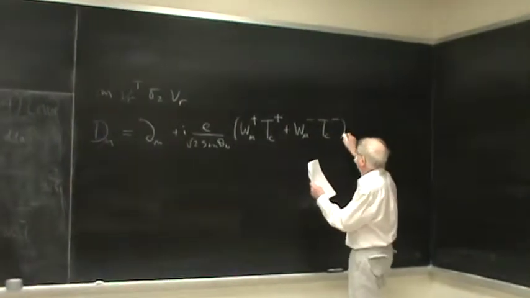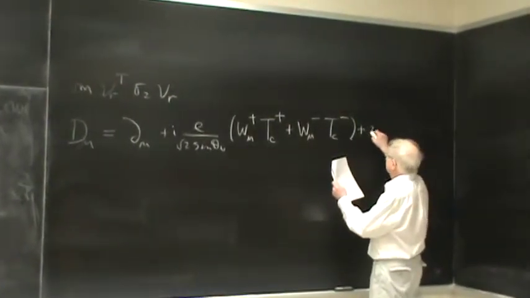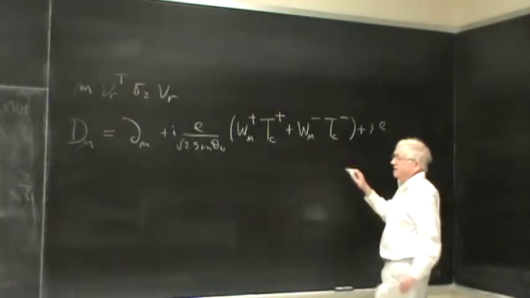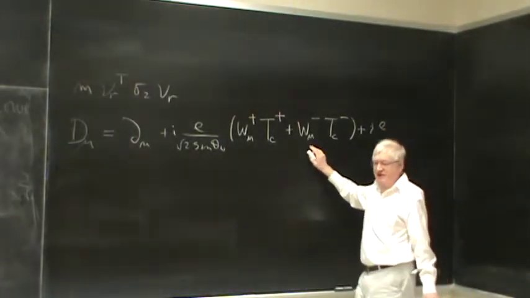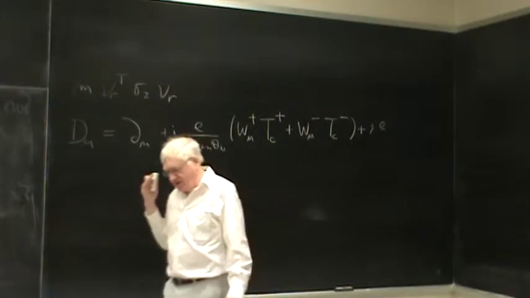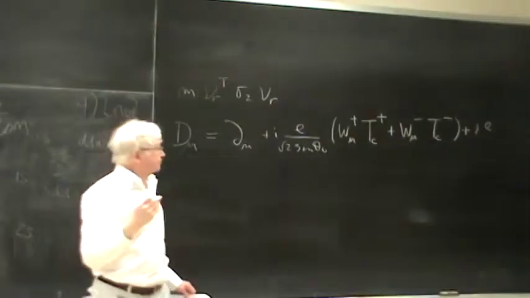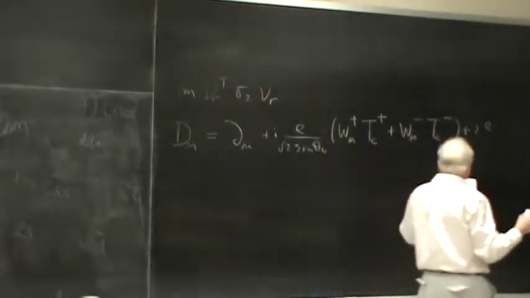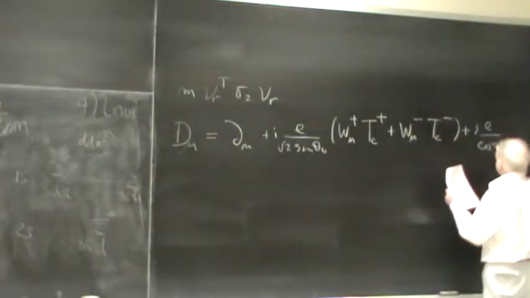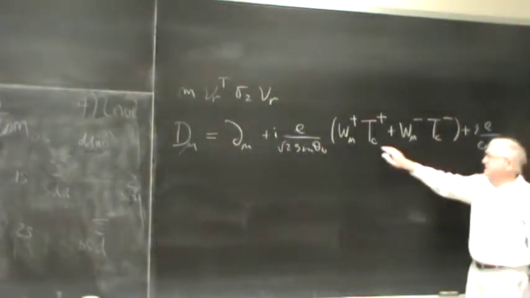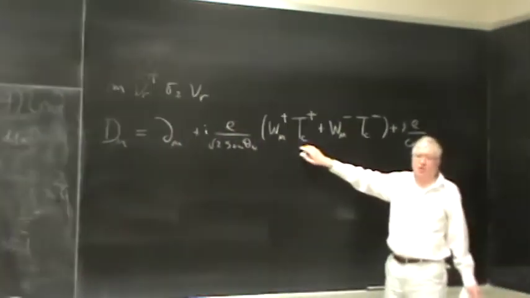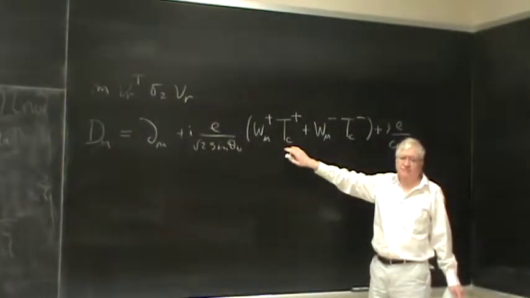And notice what I can do here is I can say this is the covariant derivative acting on the Dirac four-spinor, because the T3 of the right-handed quarks are 0.